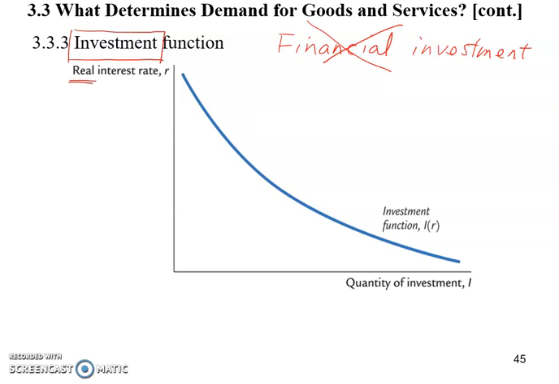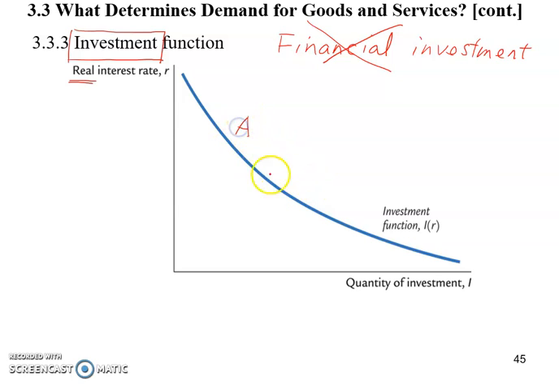But we cannot take it for granted, we have to prove it. Actually, it's pretty simple to prove that. We basically arbitrarily pick 2 points on this downward sloping investment curve.